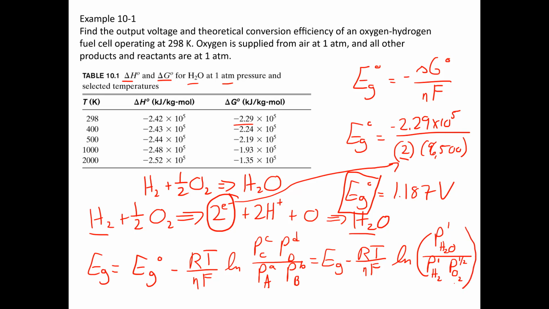And the partial pressure of oxygen in this case, since we're supplying the oxygen from 1 atmosphere of air, if you look at the constituent gases in air, would be 0.2, which represents 20% of the content of air being oxygen.